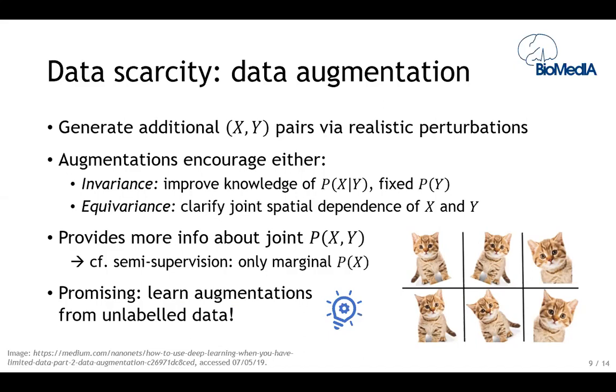So this gives us a better idea of the spatial structure of the joint distribution P of X, Y. Now, if we think back on semi-supervision, the main difference here is that we are getting more information about the joint P of X, Y, whereas for semi-supervision, it's just P of X. And what this means is that data augmentation is probably more suitable for both causal and anti-causal tasks, without the theoretical limitation of semi-supervision for causal tasks.